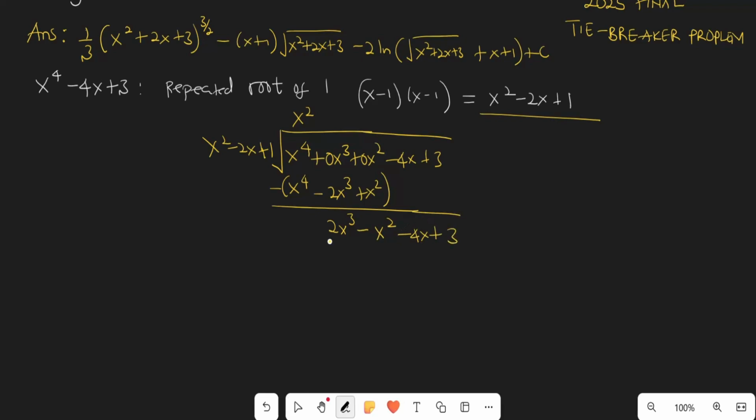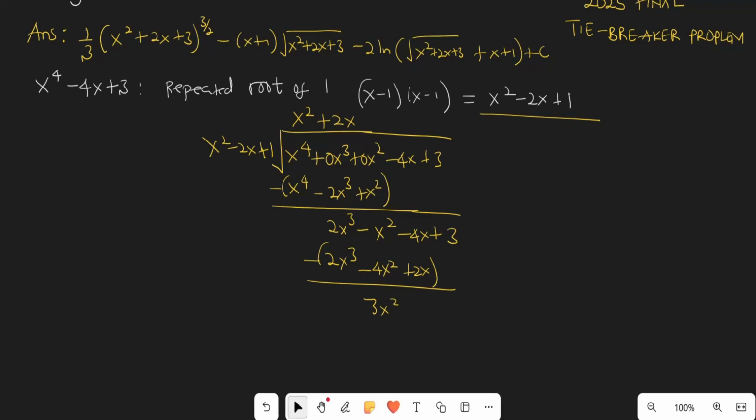You divide again, that is 2x to the third divided by x squared. That is going to give you 2x. Then you multiply, that is going to give you 2x to the third minus 4x squared plus 2x. Then you subtract. When you subtract, this is going to give you minus x squared minus 4x squared, that is going to give you positive 3x to the second power.